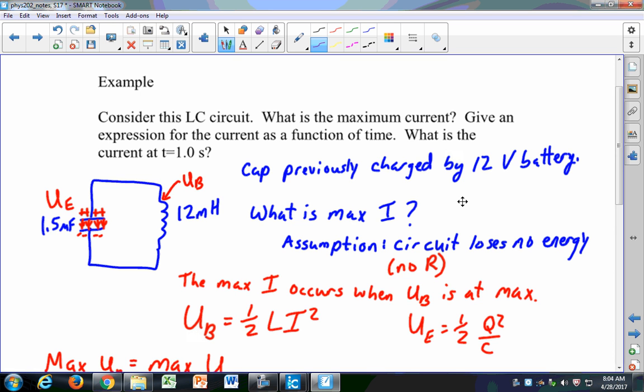Yeah, so this is an LC circuit. Your question is, what's the difference between the maximum current and the current at 1 second? Or just like number 6 in the homework, it asks what are the A, frequency, and B, current amplitude of the resulting oscillation. Well, the maximum current is the same as the current amplitude. Does that answer your question? Okay, yeah, that's the same.